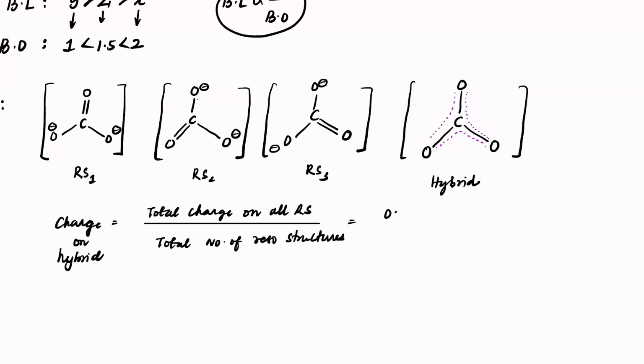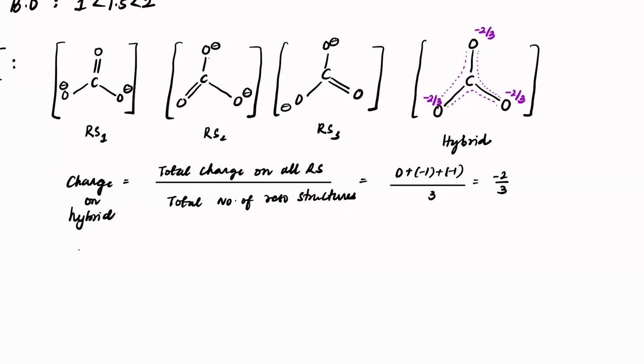What is the total charge? 0 plus minus 1 plus minus 1, divided by 3 such structures. That makes it minus 2 by 3. Hence the charge here is minus 2 by 3, minus 2 by 3, minus 2 by 3. Got it? This will be the charge.